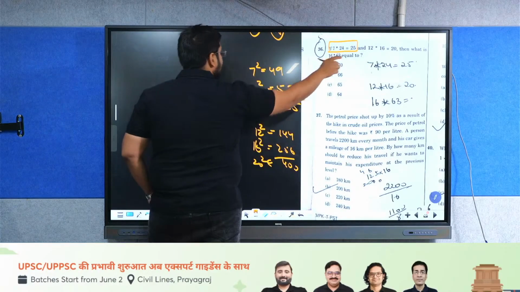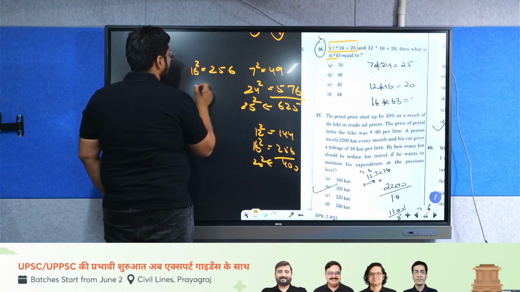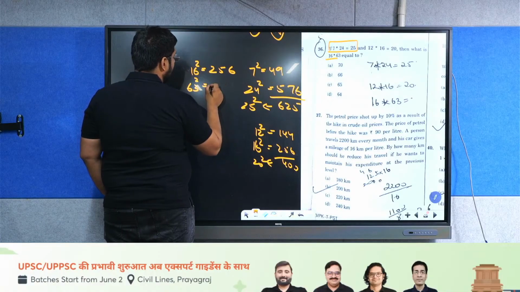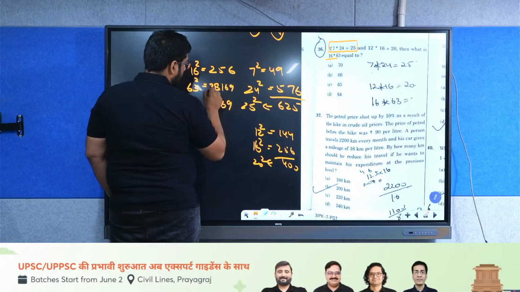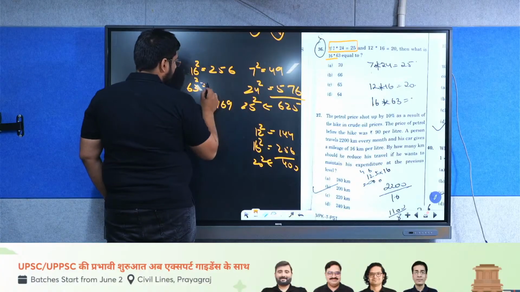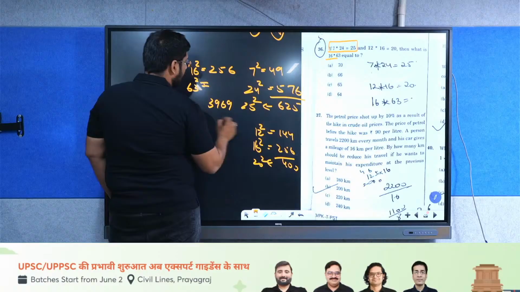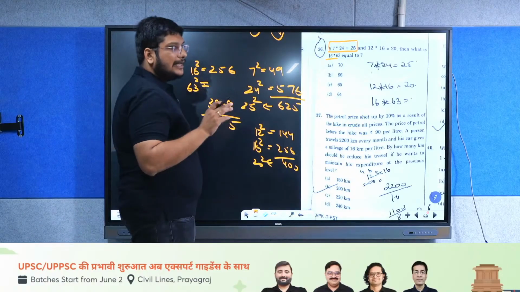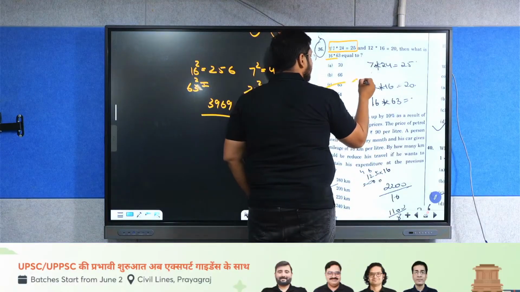Similarly, 16 and 63. 16 square is 256, 63 square is 3969. Total 4225. Now 9 plus 6, 15, 5. That means it has to be a square of a number which has unit digit 5. Looking at your options, only C is there.